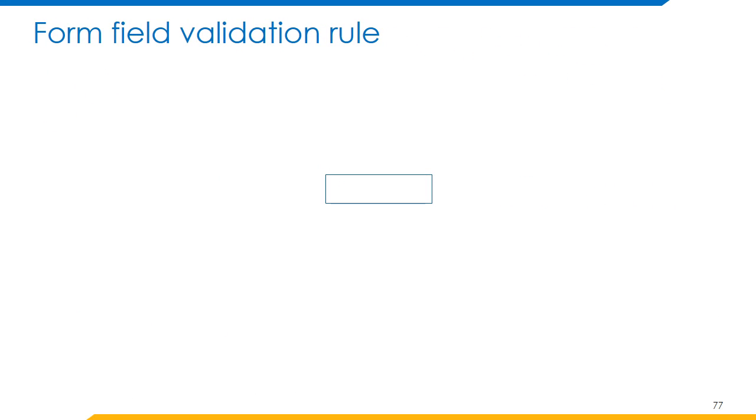Form field validation rule. The field validation rule is the second approach to the validation. The inputs provided to this rule are form, identity, application, and value of the field. The output expected is a list of messages which are of type sailpoint.object.Message.